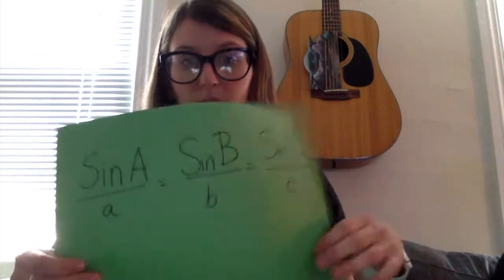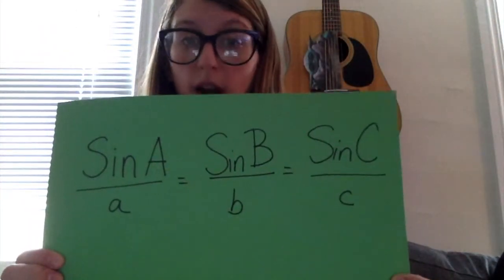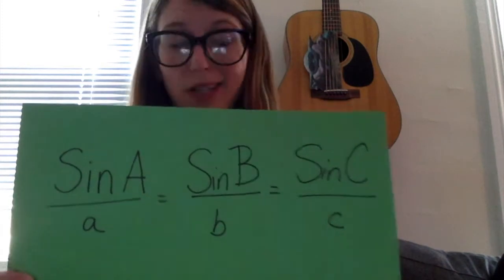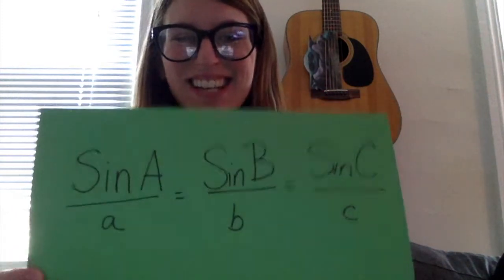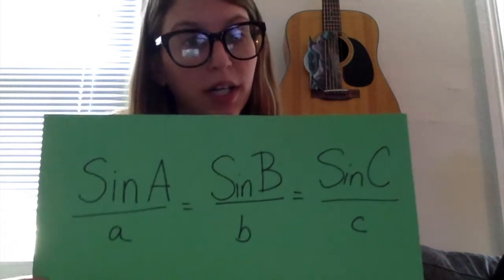There are two ways to write this. I'm going to show you both, but I'm going to favor one because of how friendly it's going to be on your phone calculator. So this is my favorite, okay? Sine of A over A equals sine of B over B, which equals sine of C over C. This does not mean you need all three.